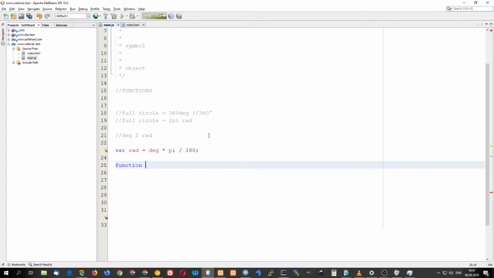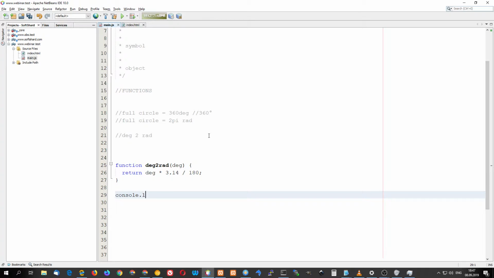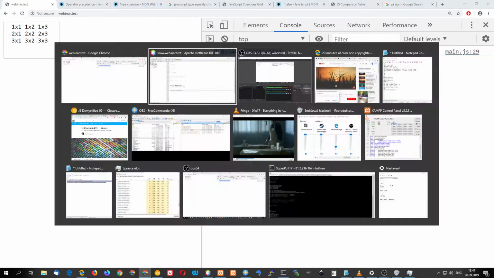Or we can design a function, degrees to radians. It gets one parameter, the number of degrees, and returns the degrees times, let's say, 3.14, divided by 180. So 1 degree is this number of radians.